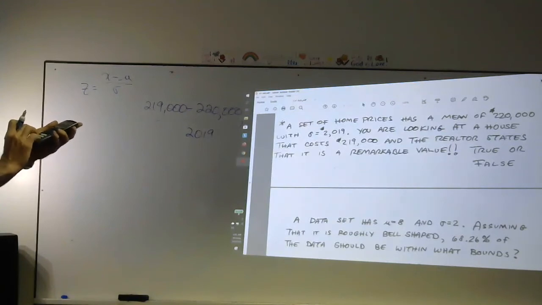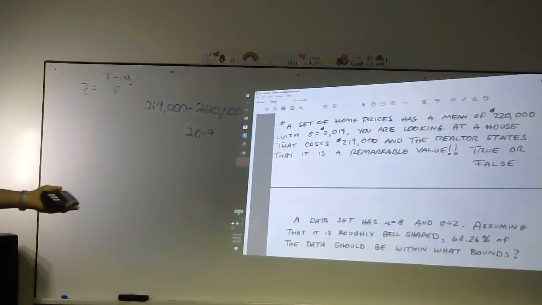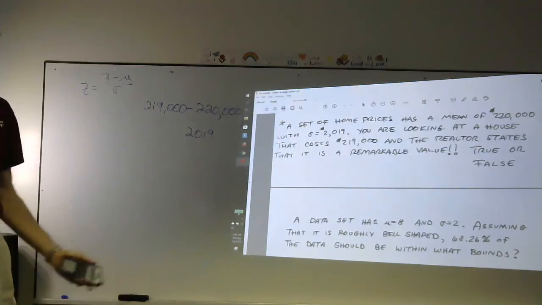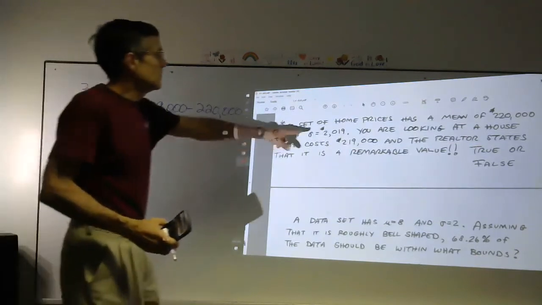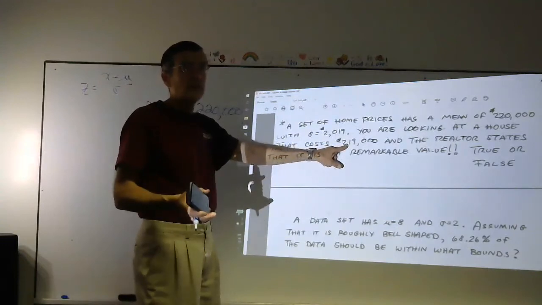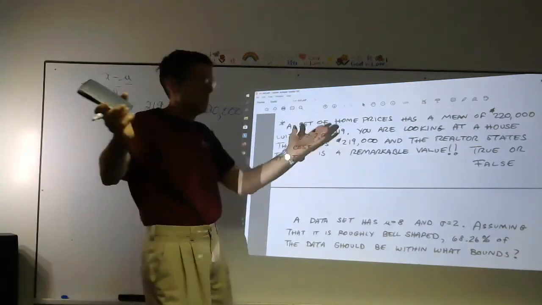So negative 1,000 divided by 2,000 is, I get a Z value of negative 1/2. That means this house is only about 1/2 a standard deviation below the mean.